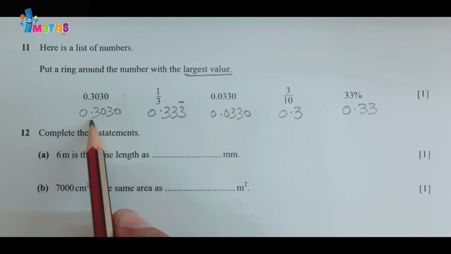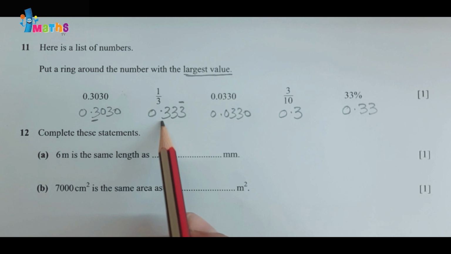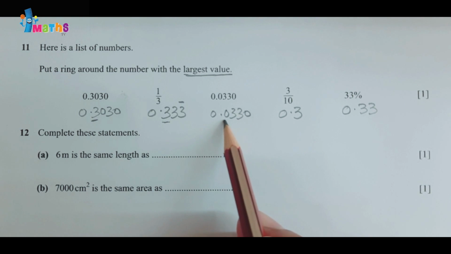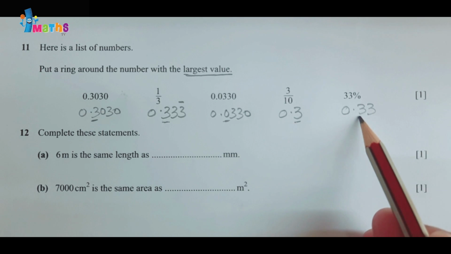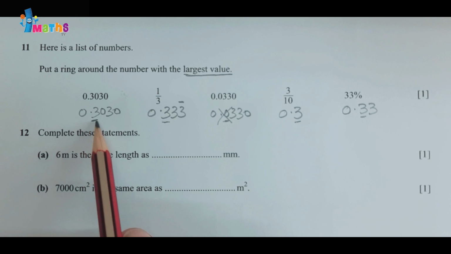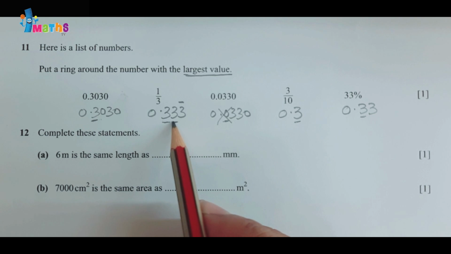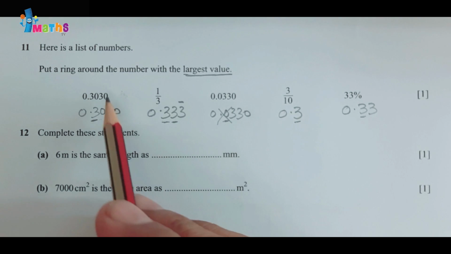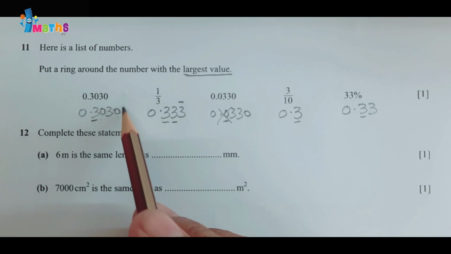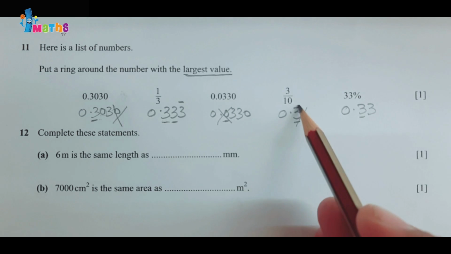First we will compare the first decimal digit, 3, and this one is 0, so it is out of the race. Now we can check the second digit, which is 0, and the other second digit is 3. So this one goes out because it has 0, and this will also be out of the race.